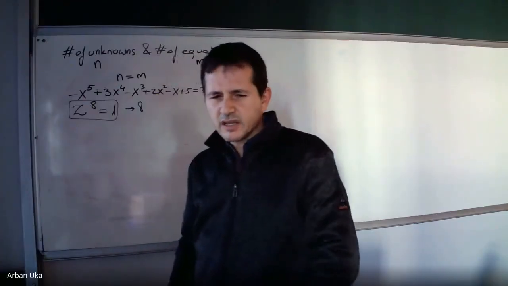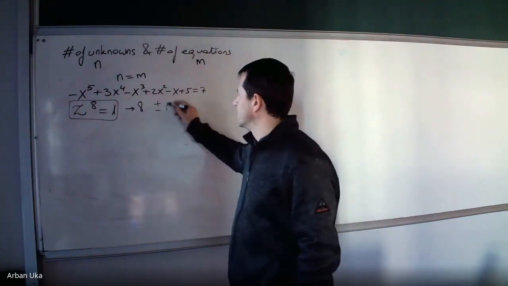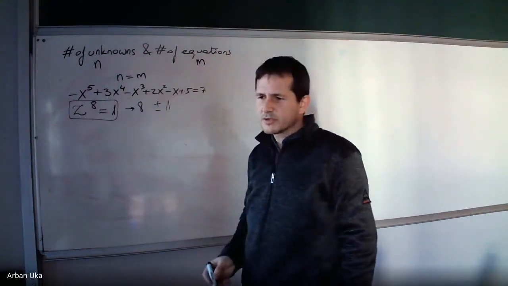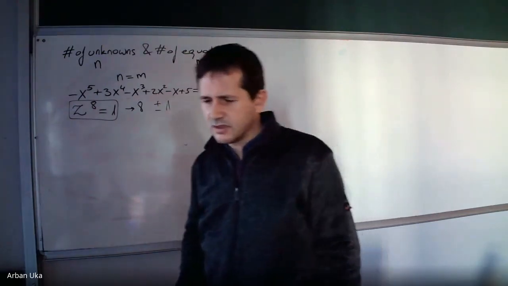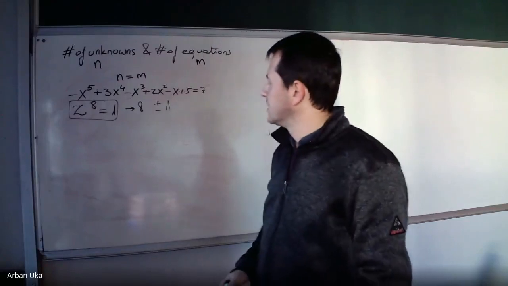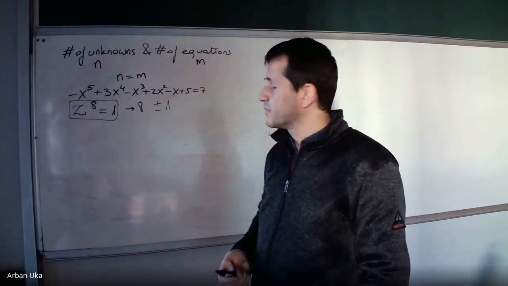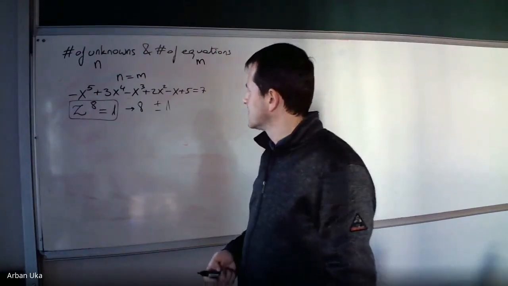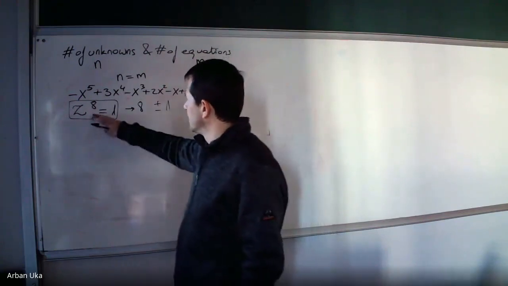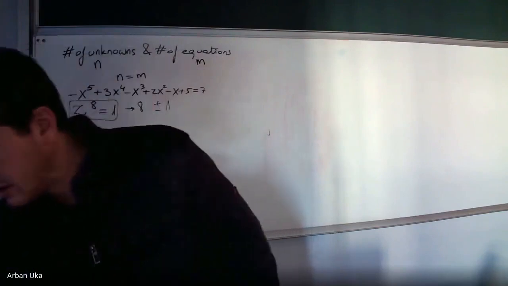Yeah, so in real number space, we have only 2. It's plus and minus 1, okay, in real number space. But in complex number space, we should have 8. So all the roots of a specific equation, all of them, exist in the complex domain. Sometimes we may be lucky that all the roots can be in the real domain, but in this case we should be able to solve this one, but this is not the topic of the day.